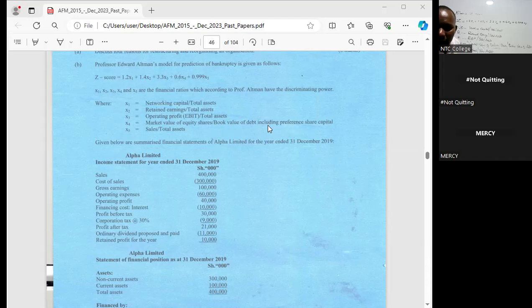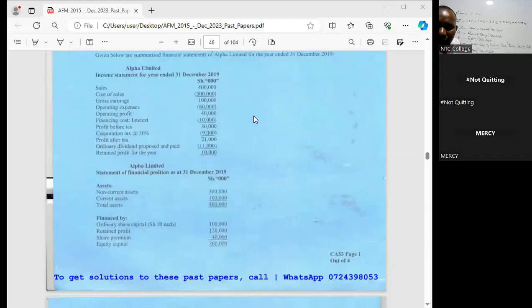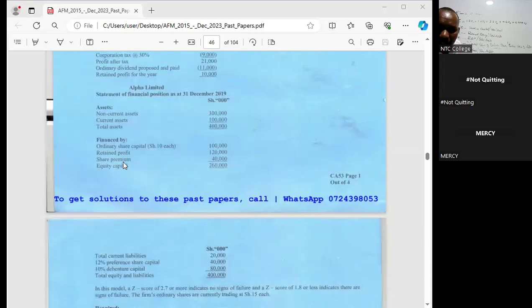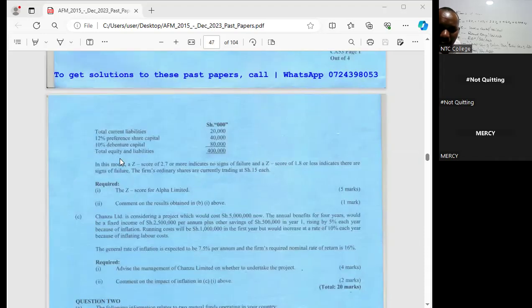And they are saying that it is debt including preference share capital. So that means that when you are getting the denominator, you have the ordinary shares all over a denominator, and the denominator is debt plus preference shares. So you simply add the debt. Debt is 80, preference shares is 40.